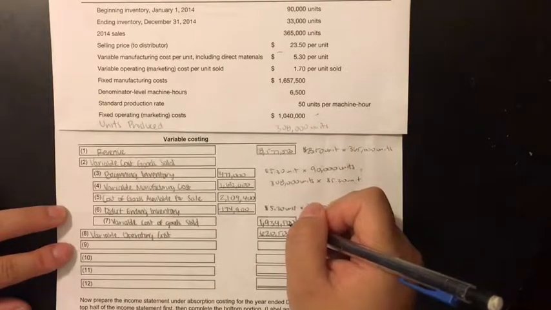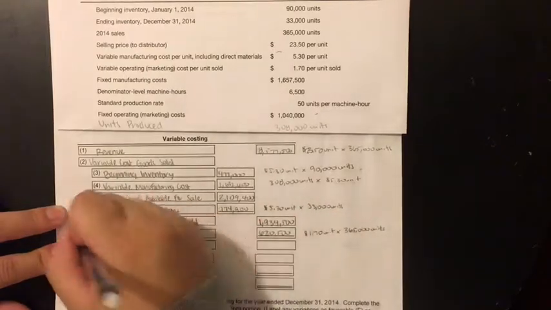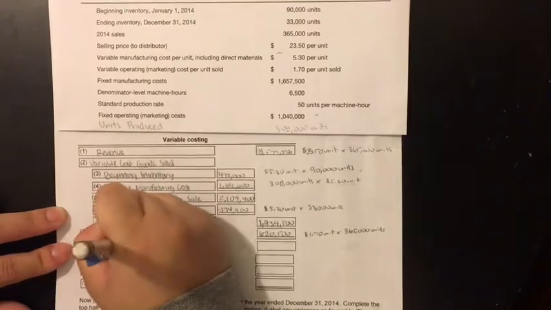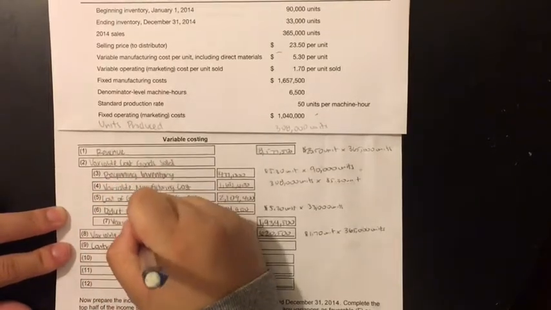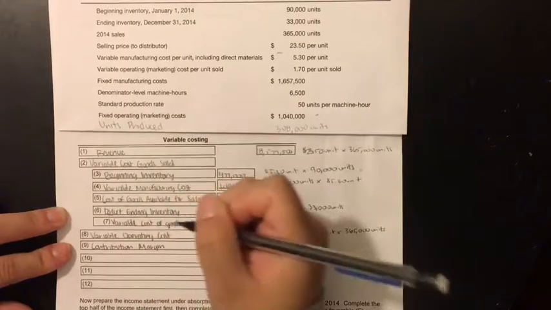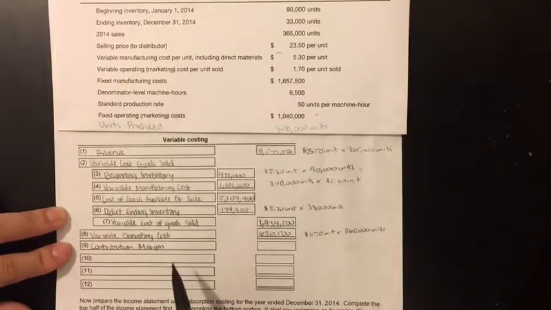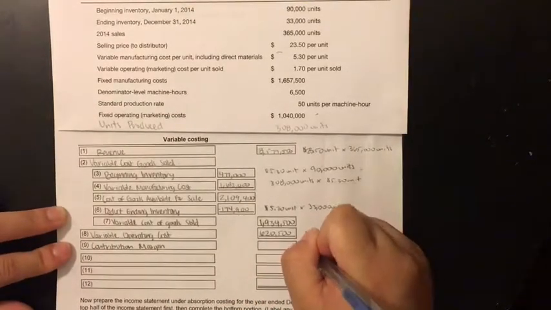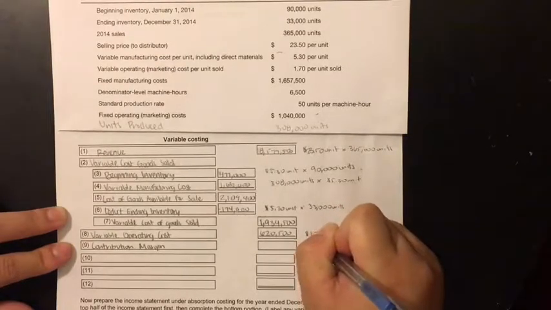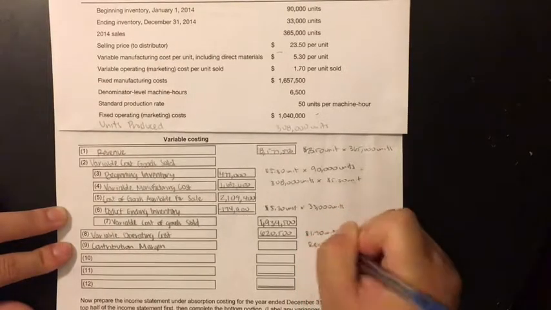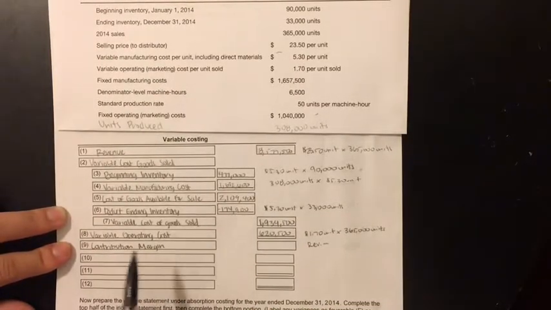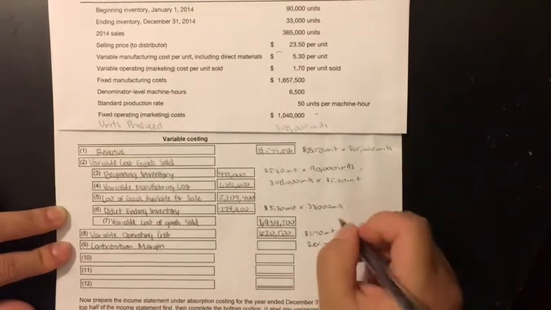Once we do that, we're going to want to find our contribution margin. In order to find our contribution margin, we're going to subtract from our revenue our variable cost of goods sold and our variable operating costs.